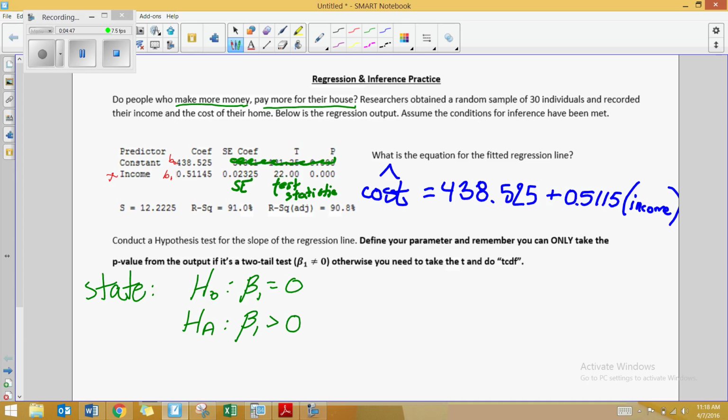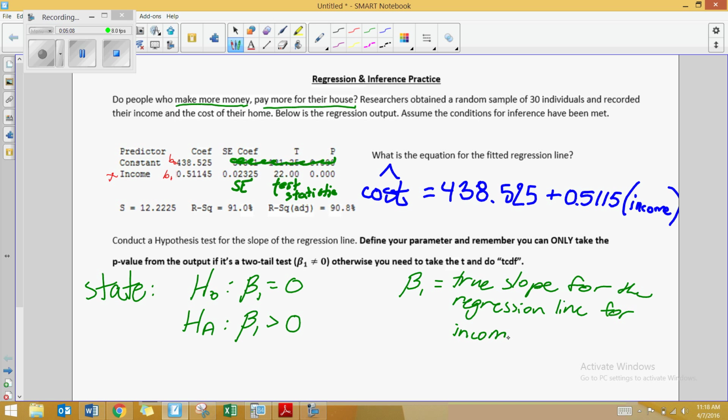Well, what is beta 1? Let's go ahead and define that off to the side. Beta 1 is the true slope for the regression line for income versus cost.